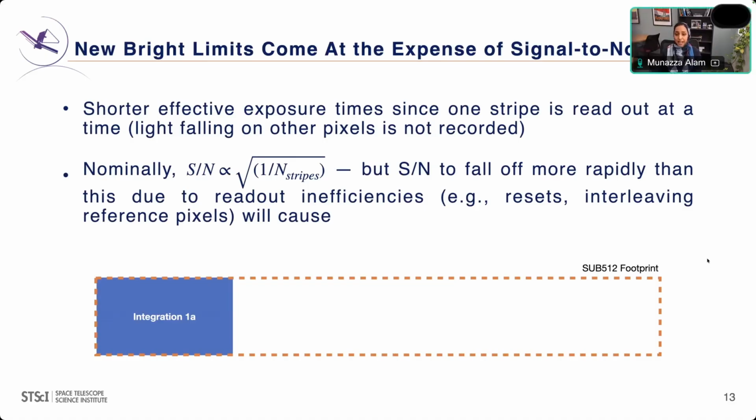But in reality, the signal to noise is actually going to fall off more rapidly than this because we have several readout inefficiencies like resets between stripes and interleaving of reference pixels between stripes. And so that will cause some larger sacrifices in the signal to noise.